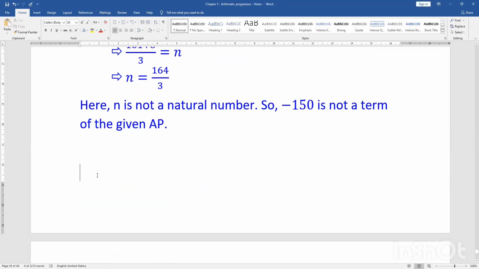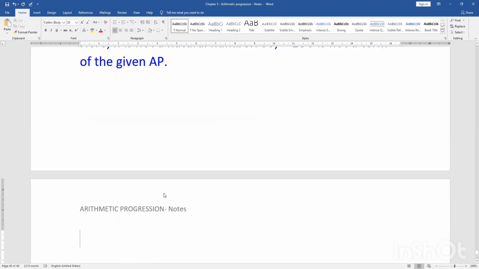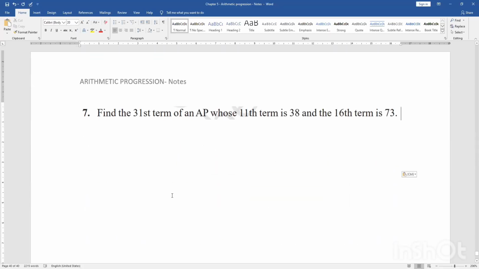Okay. Now I'm going to the next problem. Here we have: find the 31st term of an AP whose 11th term is 38 and 16th term is 73. So let us write our findings here.